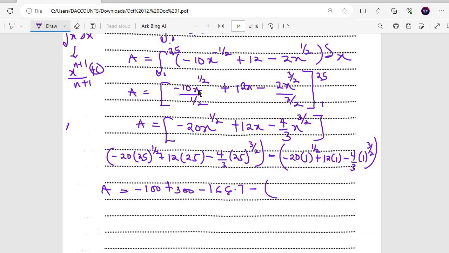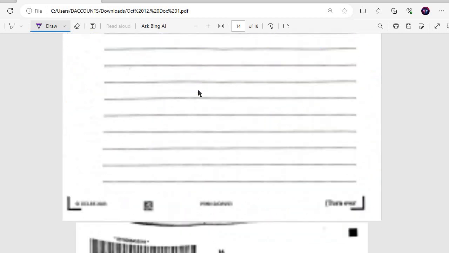While the one inside this bracket, minus 20 times half plus 12 times 1, this will give us minus 9.33. So when you do this mathematics, you're going to have 33.3 minus times minus plus 9.33. It gives us 42.63 square units. That's the area of the shaded region.